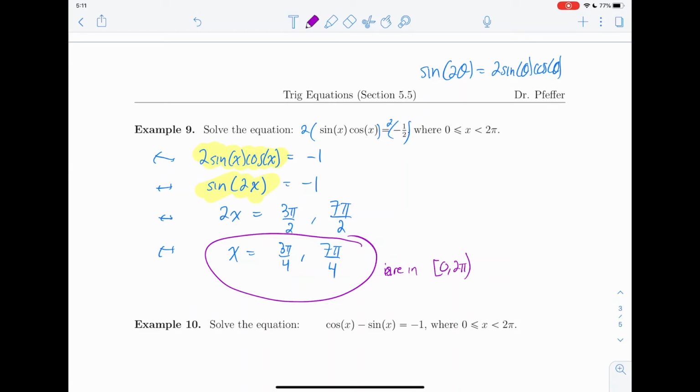So these are going to be our answers. We see that the double angle formulas can pop up in mysterious ways. It's not always going from the double angle to the sines and cosines. Sometimes going the other way is also useful.